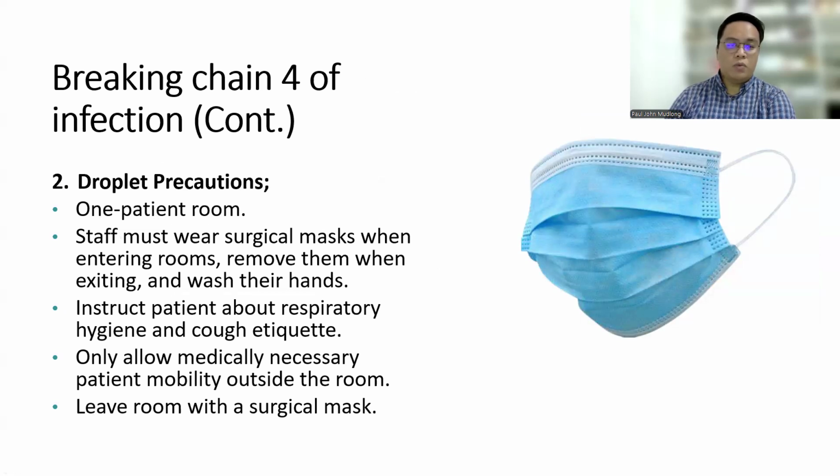Staff must wear a surgical mask when entering the room, remove it when exiting, and wash their hands. Instruct the patient about respiratory hygiene and cough etiquette. Only allow medically necessary patient mobility outside the room, and the patient leaves the room with a surgical mask. So you need to make sure not to remove your surgical mask while inside the room.